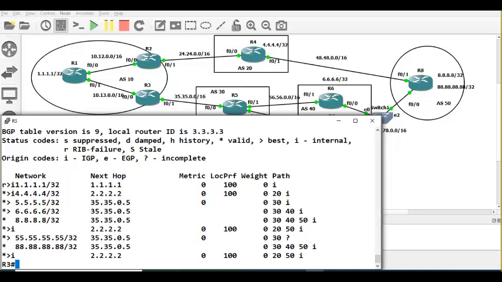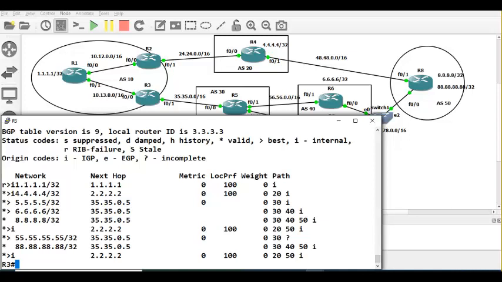Except OSPF and ISIS, except link state routing protocols, all protocols will only use the best routes from the routing table to advertise. OSPF doesn't advertise the routing table. Before advertising, they don't look into the routing table.